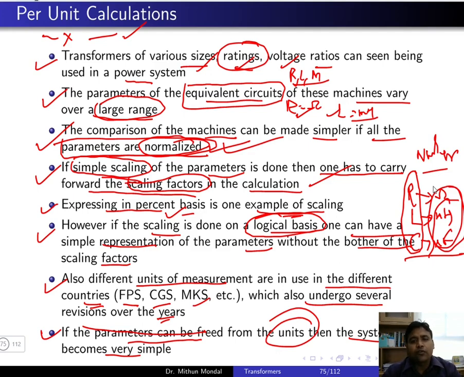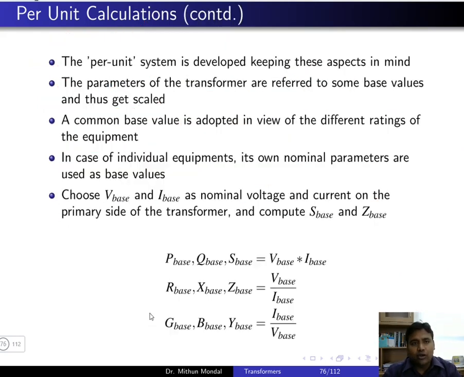So once it is free from the units, we need not carry 10 to the power 3 or 10 to the power minus 6 terms, and it will be only a number without having any unit. So whether we are following an MKS system or any CGS system, it doesn't matter a lot. So let us see then how it can be possible.